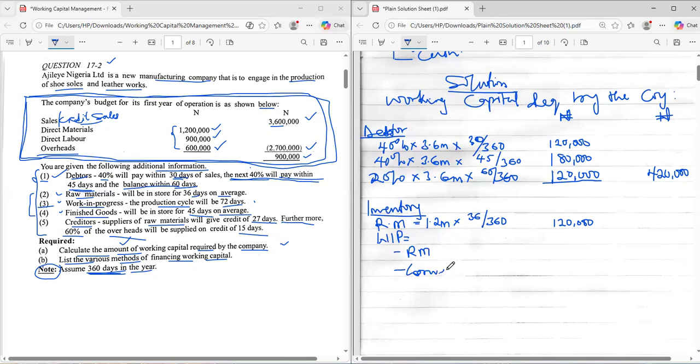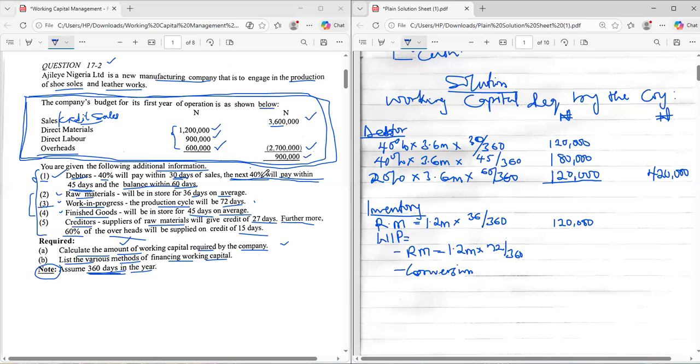So the same thing that you did for raw material, do it again: 1.2 million, only that this time you will use the work in progress days, 72. So you say times 72 divided by 360.